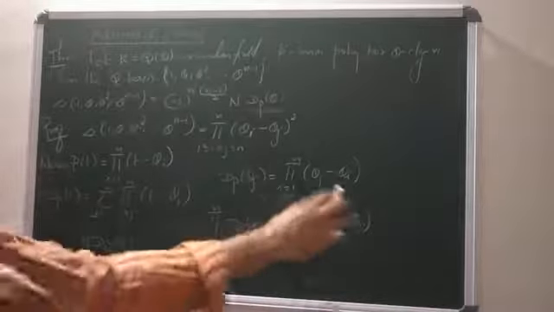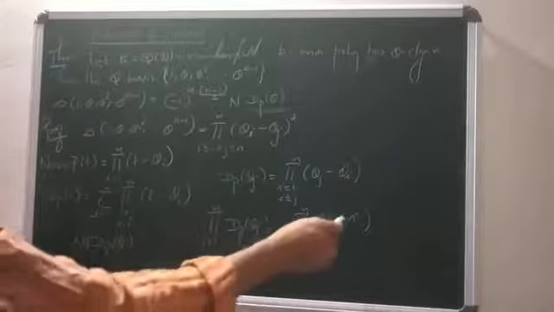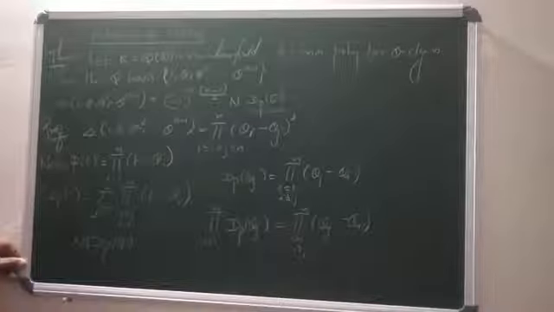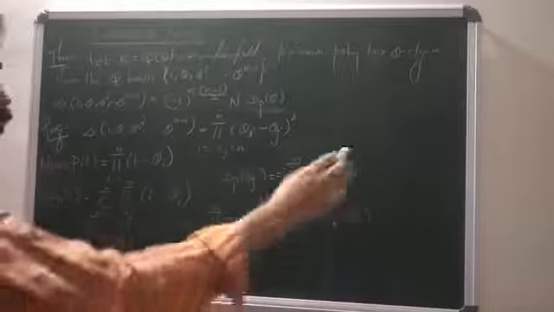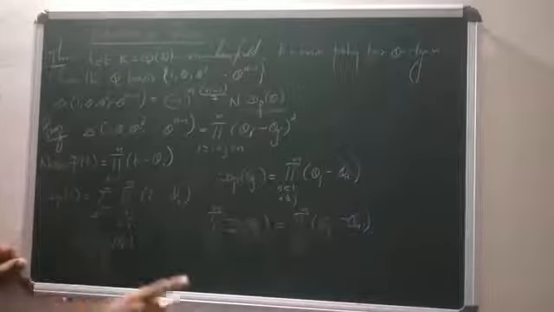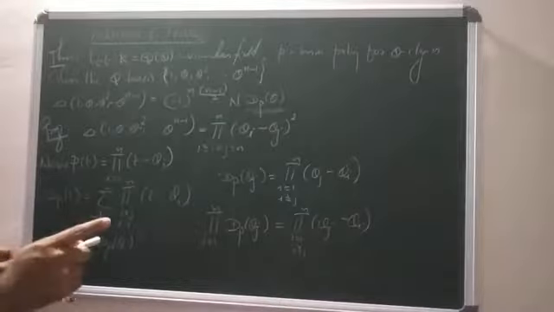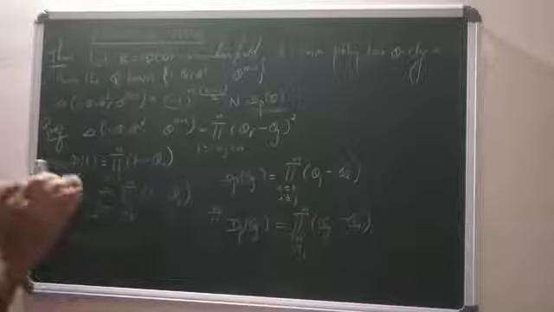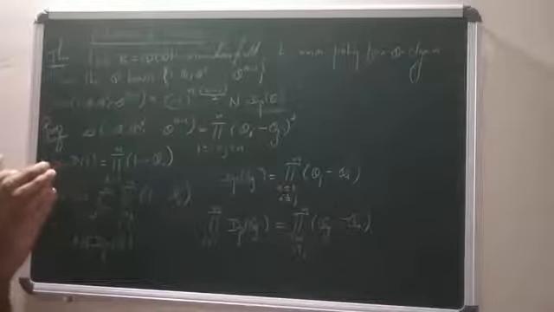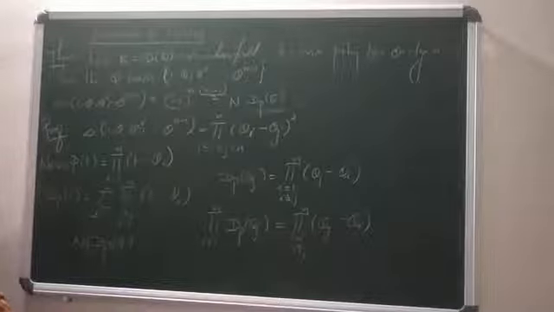On the right side, each factor (theta_j minus theta_i) for i differing from j appears twice. This term repeats twice, where one is (theta_j minus theta_i) and the other is (theta_i minus theta_j). Clear? When it is dp(theta_1), it is (theta_1 minus theta_2), and after that there is a (theta_2 minus theta_1) also.